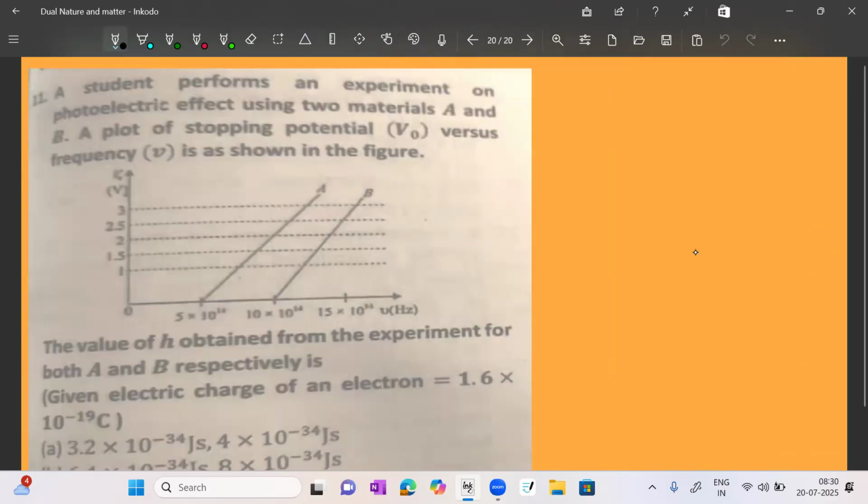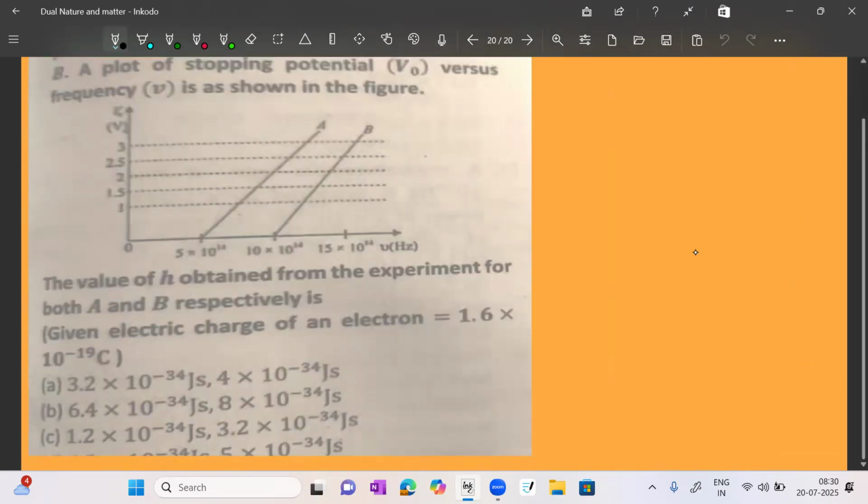This is one of the typical problems. They ask here, from the graph, which has a proper value, what is the Planck constant value. Most of the students have the doubt: sir, Planck constant is a constant, so why should we find it out?